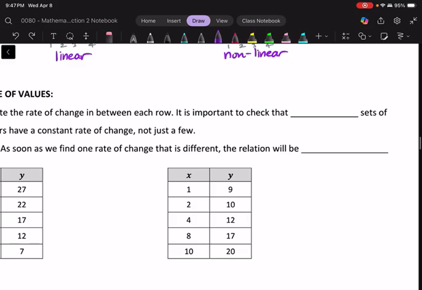So we have to, again, check both. The moment we find a rate of change that's different, we can immediately say that we have something that is non-linear.